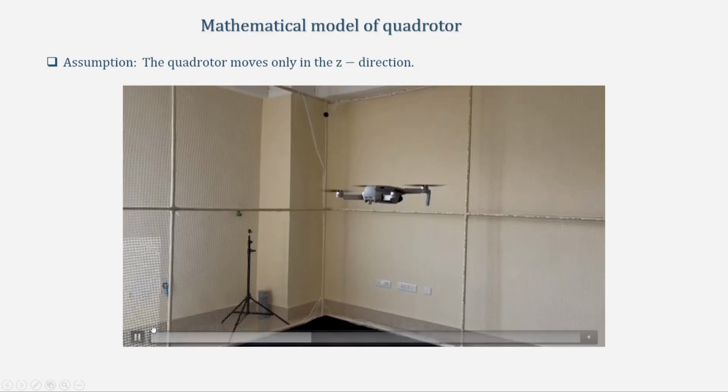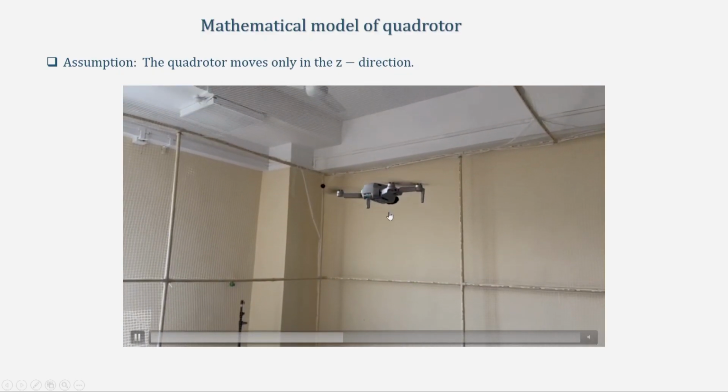We call this altitude direction the z direction. For the quadrotor to move along the z direction, the speed of the motors should equally increase or equally decrease for it to go up or down, as can be seen in this video.